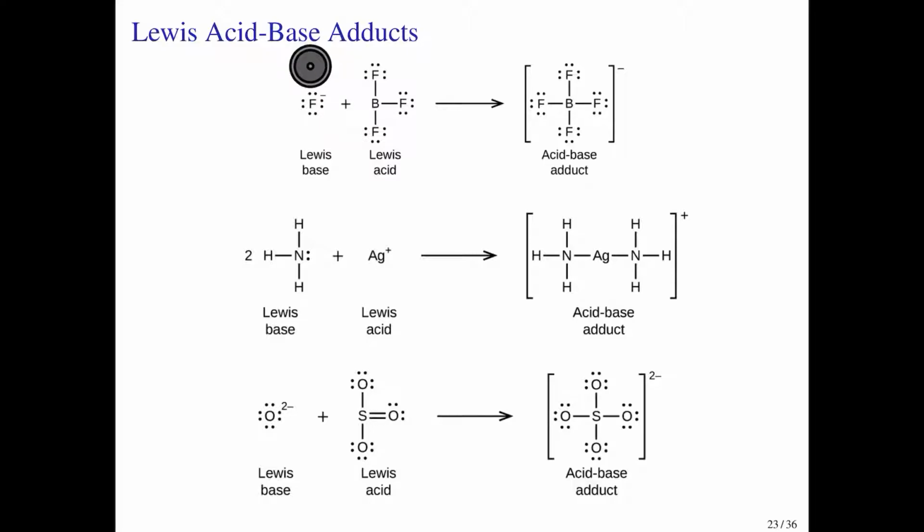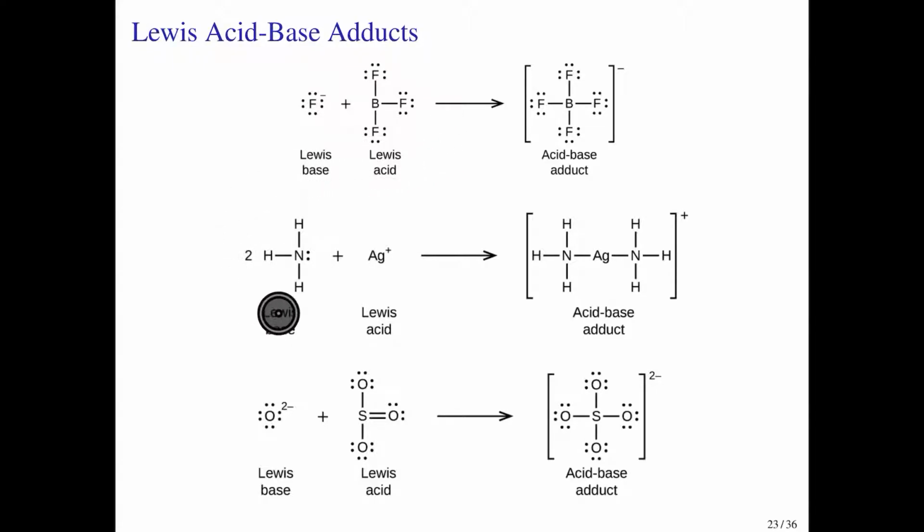And what can happen is, in this case, the fluoride, which has plenty of electron pairs, can donate an electron pair to the boron, forming this adduct. This adduct is an anion in this case. And we see that the fluoride, since it's transferring its electrons, is acting as the Lewis base, and the acid, boron trifluoride, is accepting the electron pair.